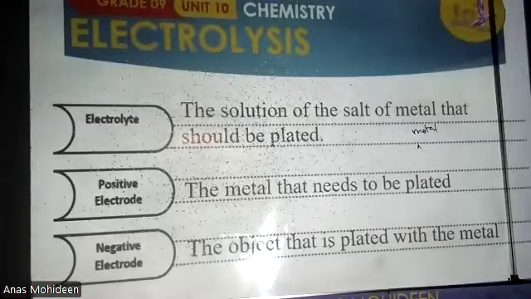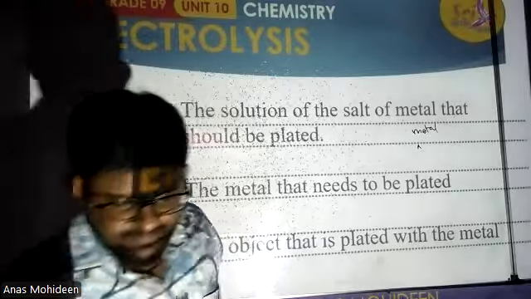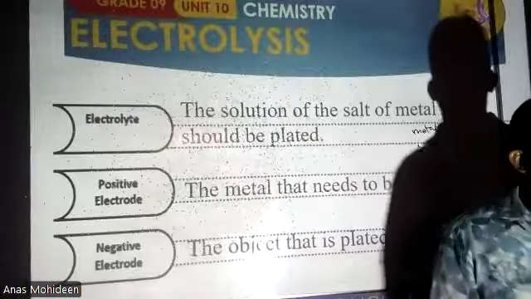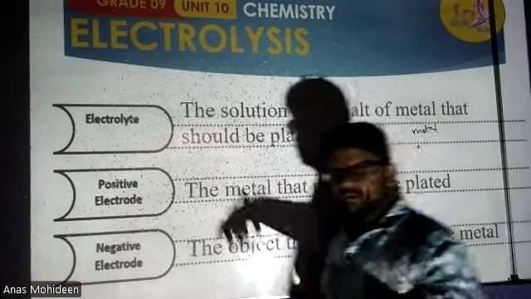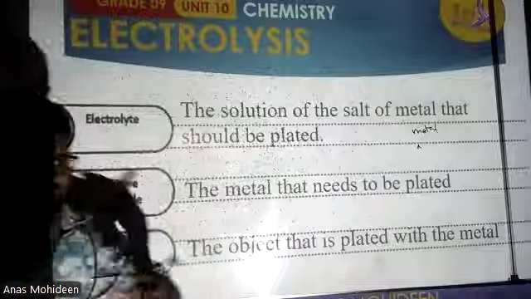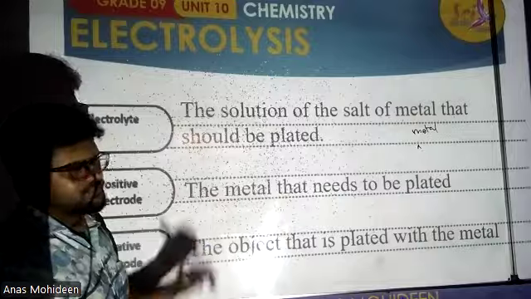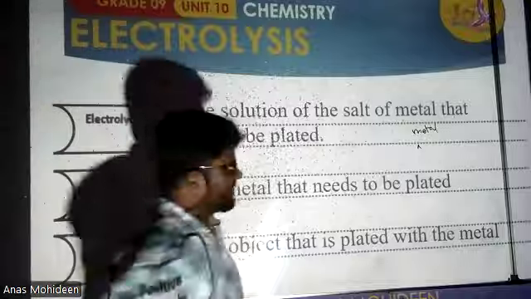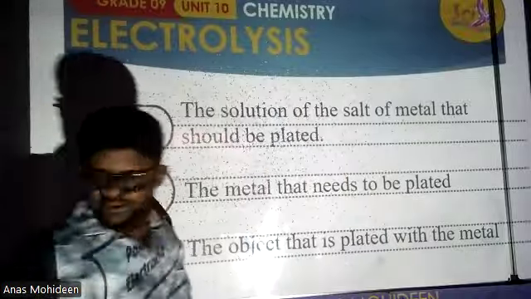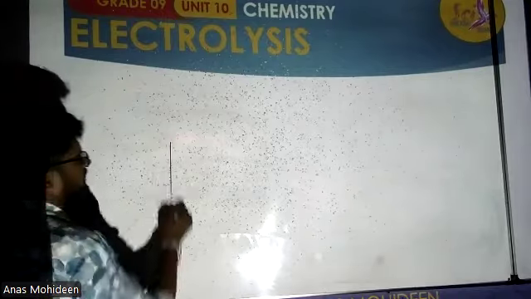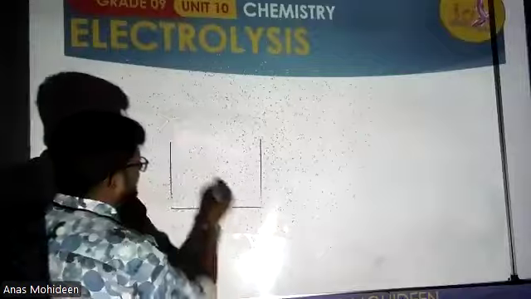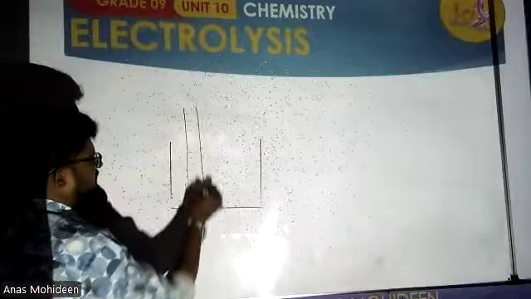Fine. So guys, you see, what do we use here? We do have a setup where we are having a positive electrode, negative electrode, and the electrolyte. Electrolyte is a solution which can conduct electricity, right? Now, there we use the metal solution. Let's say it is the cell we are using for electroplating.